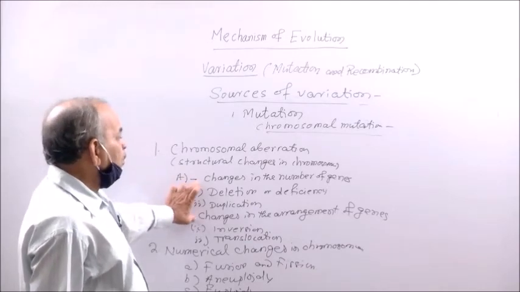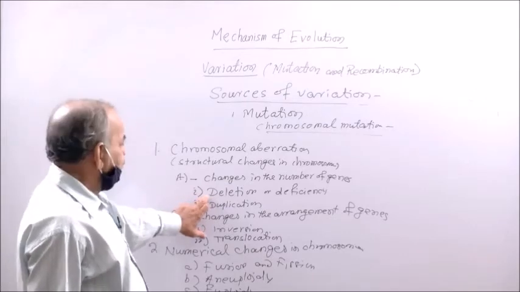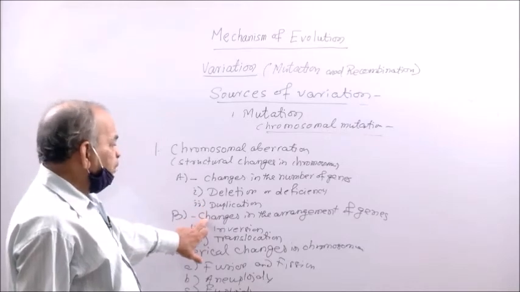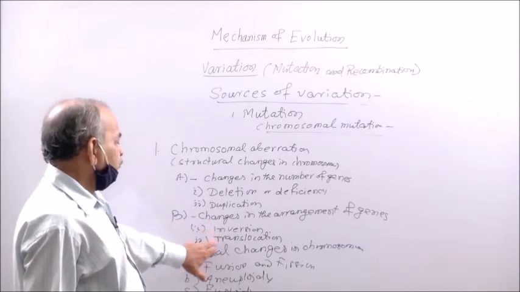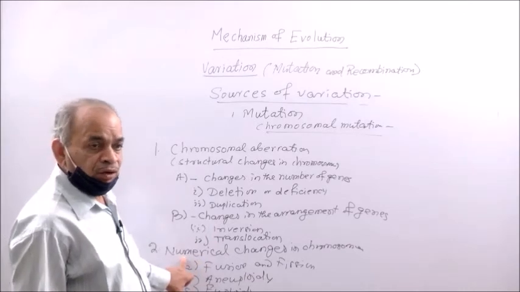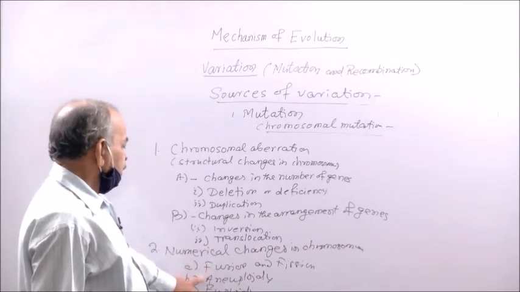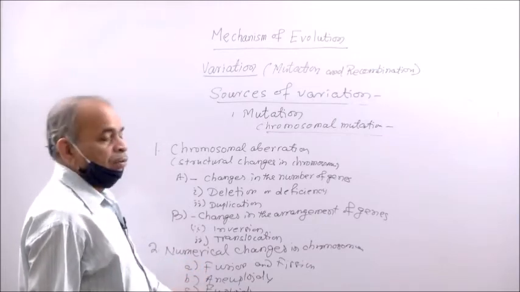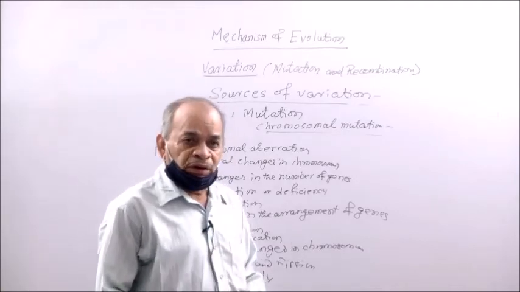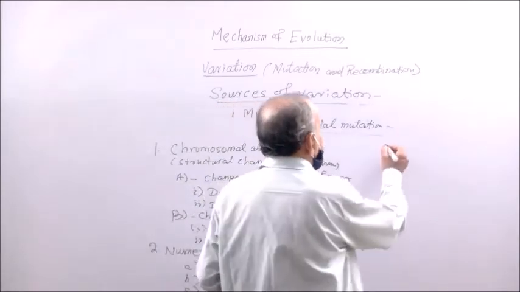Changes in the number of genes include deletion or deficiency and duplication. Similarly, changes in the arrangement of genes: inversion and translocation. Then numerical changes mean changes in the number of chromosomes: fusion and fission, then aneuploidy and euploidy. So these are the chromosomal mutations. Now let us discuss one by one. First is deletion.